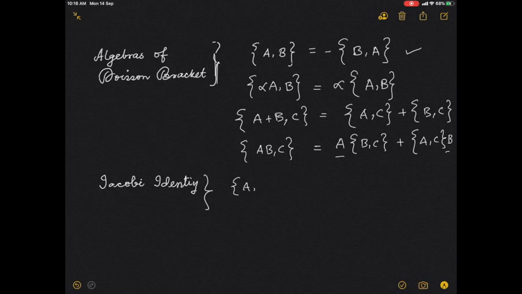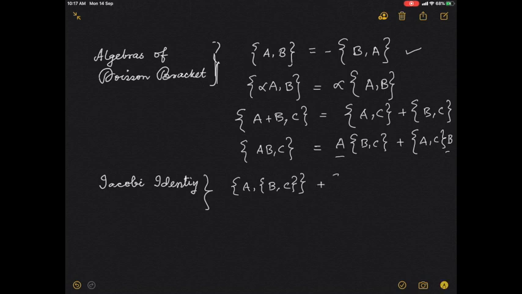So this involves three Poisson brackets. And again, this is an identity. It is not something that is completely new. So what do I have? I have the Poisson bracket of B and C. I get a function which is a function of P's and Q's.